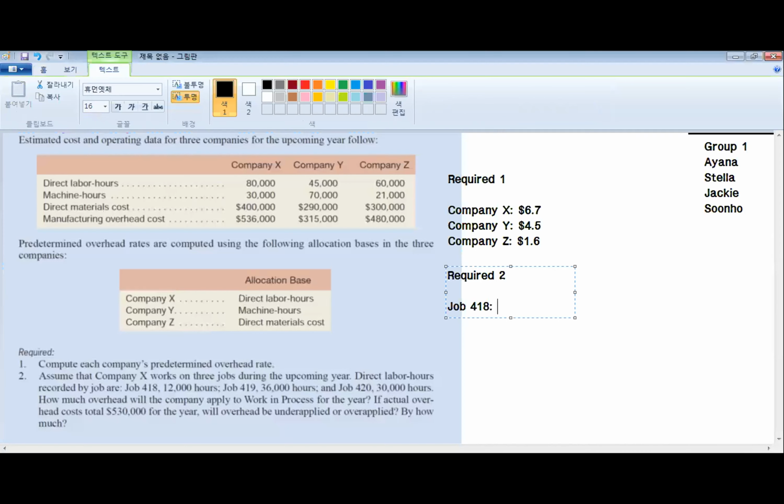Okay, group 1. Punjab 419. 1000. Everything is going smooth?